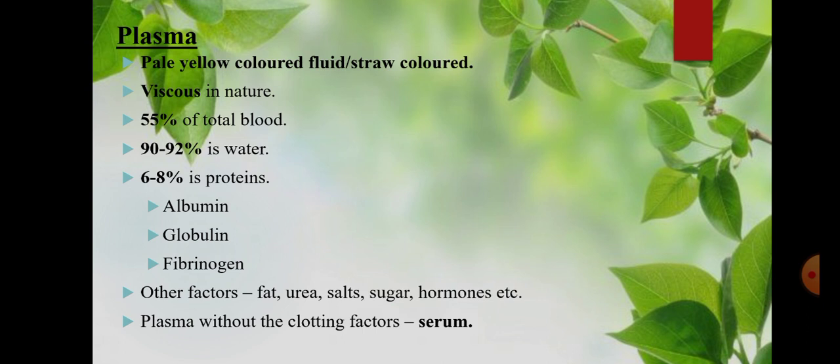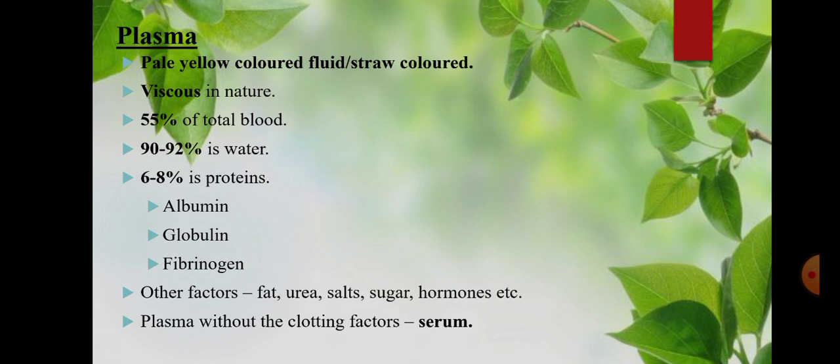It is because plasma is viscous in nature, and 55 percent of the total blood is plasma. In this 55 percent plasma, 90 to 92 percent is water, and 6 to 8 percent is plasma proteins.